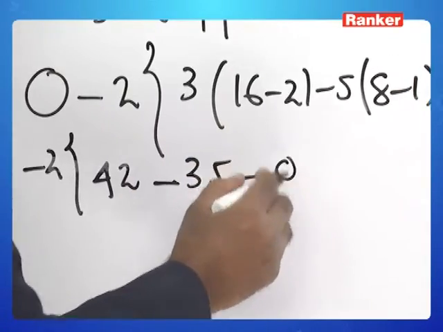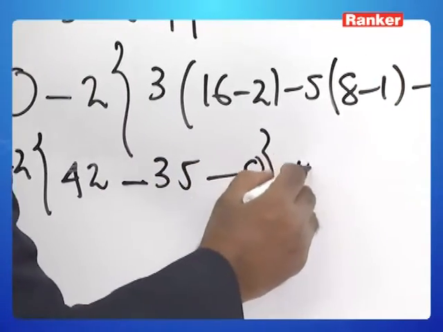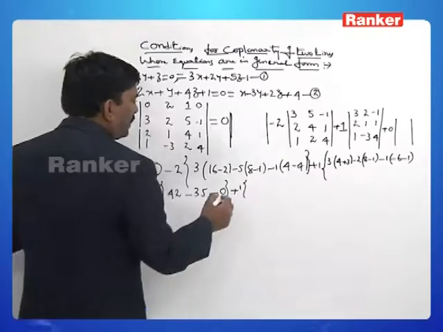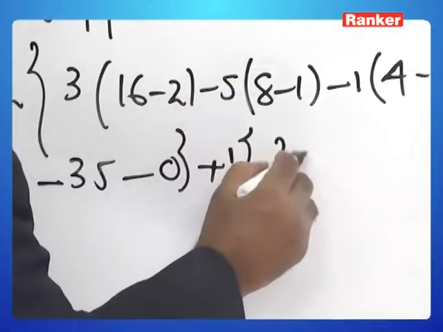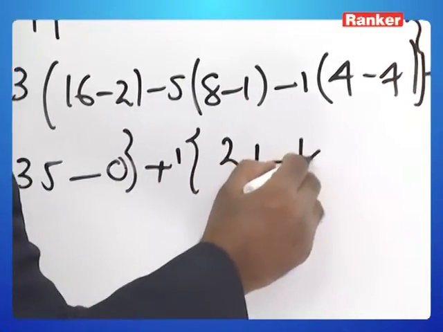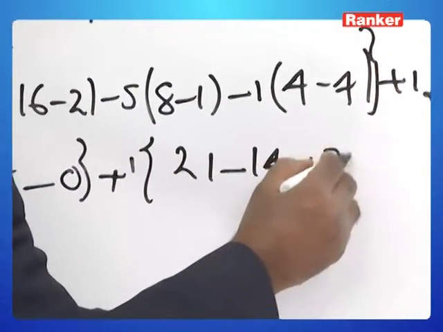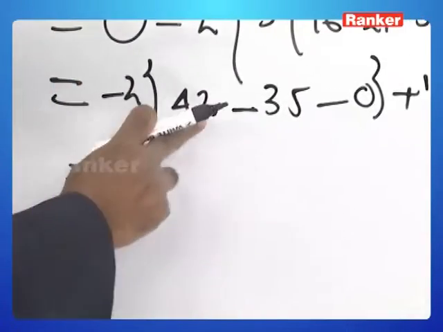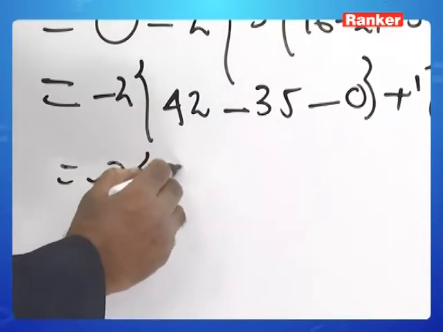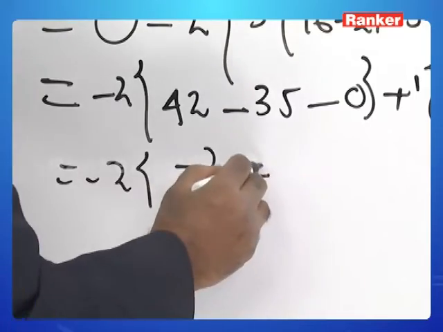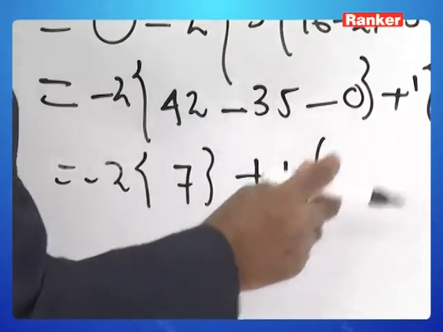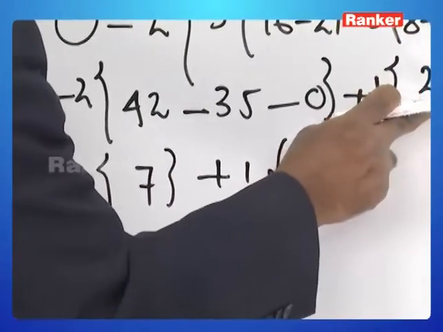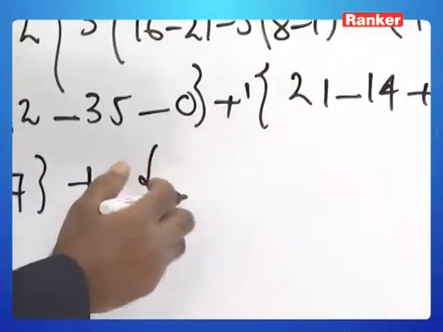Yes, 0. This is what? Next, 1 into, yes, come on, 7. 7 into 3, 21. Next, 14. Next, plus 7, right? Now this is nothing but minus 2 into, now 42 minus 7. Next, plus 1 into, yes, now 21. This is 28. 28 means what?